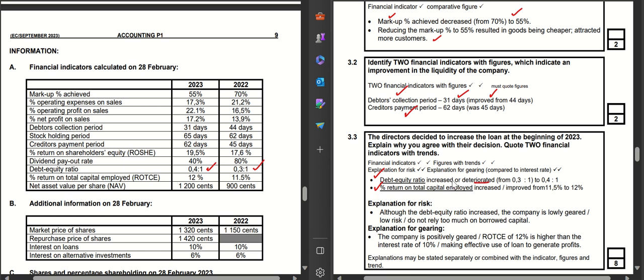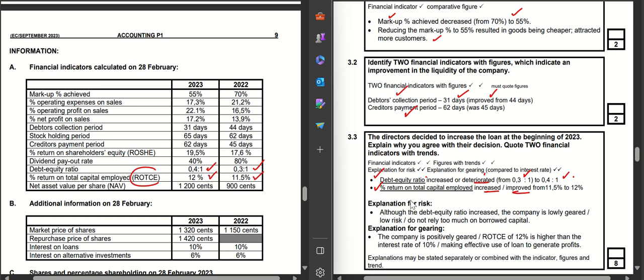That means there is more risk. Hence, they're saying it has deteriorated from 0.3:1 to 0.4:1. The name, the trend, and the figures are all in there. And the next one is the percentage return on total capital employed. We're talking about our ROTCE, which, here you can see, has increased or improved from 11.5 to 12%.